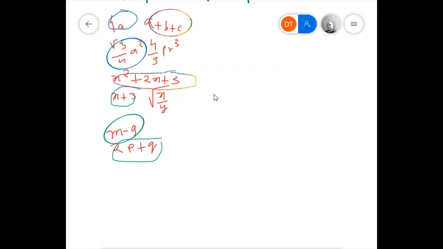Okay, in a plus b plus c, a is the first term, b is the second term, and c is the third term. In the second example, x square is the first, 2x is the second, and 3 is the third term. So can you think of why these have two or three terms while the several expressions have only one term?